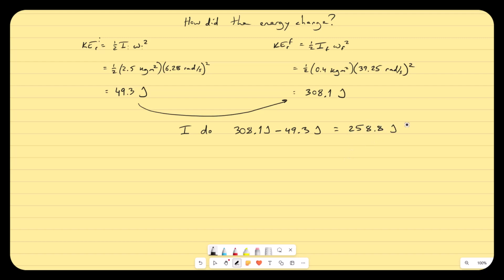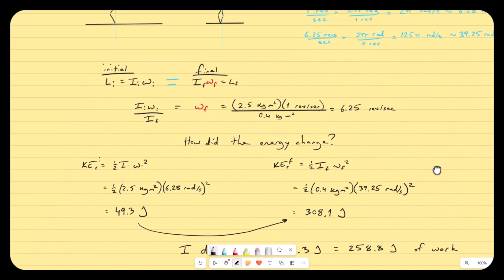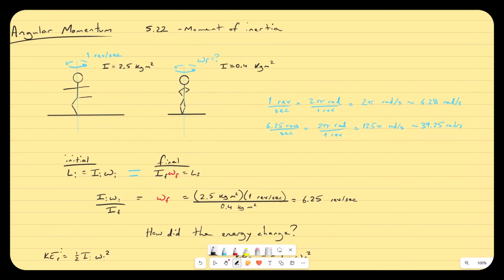I have to do 258.8 joules of work to make this happen. I don't get to speed up for free. It's still taking effort. So that is angular momentum conservation and looking at what's going on with the energy, which is a serious question too.